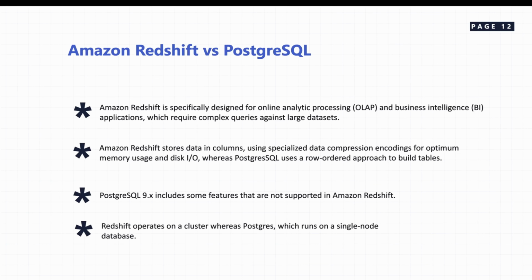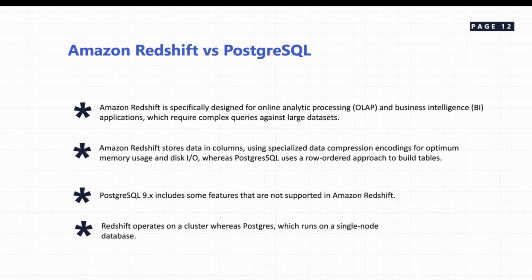Now we will see the difference between Amazon Redshift and PostgreSQL. Amazon Redshift is basically built on top of PostgreSQL. It is specifically designed for online analytic processing and business intelligence applications, which require complex queries against large data sets. As I already explained, it's a data warehouse, so it will hold a very large amount of data.